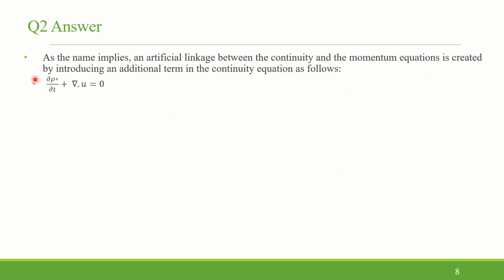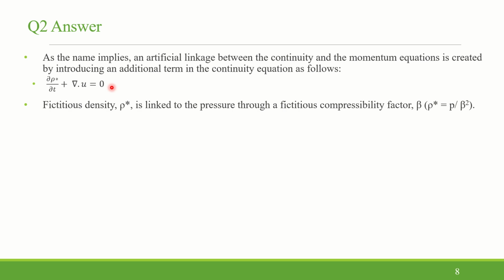So this becomes dou rho star by dou t plus del dot u equal to 0, and this rho star is known as the fictitious density, and it is linked to the pressure through a fictitious compressibility factor, where rho star equal to P by beta square.